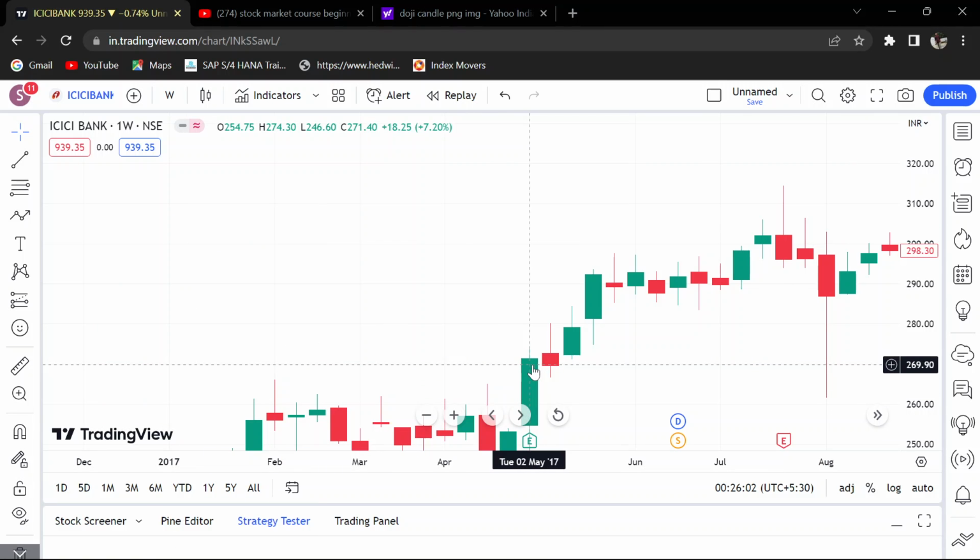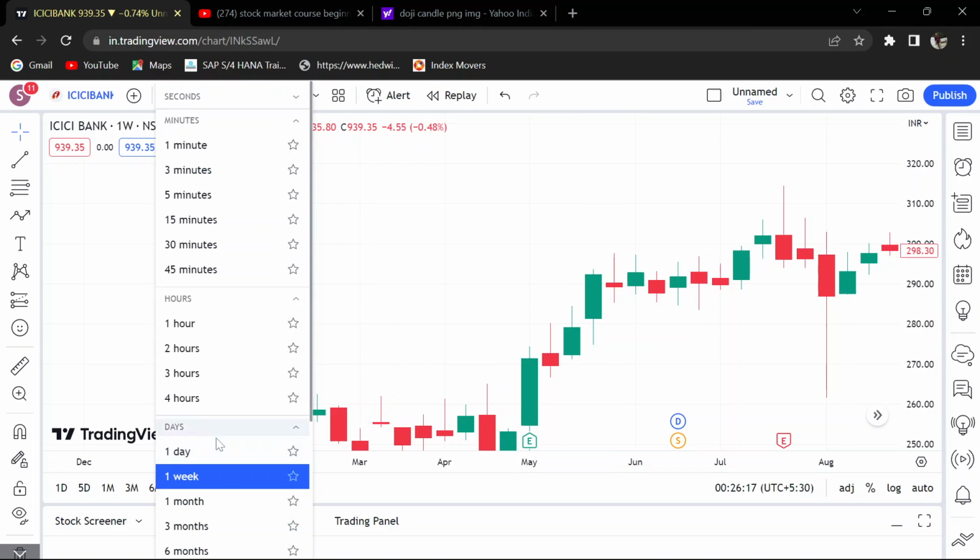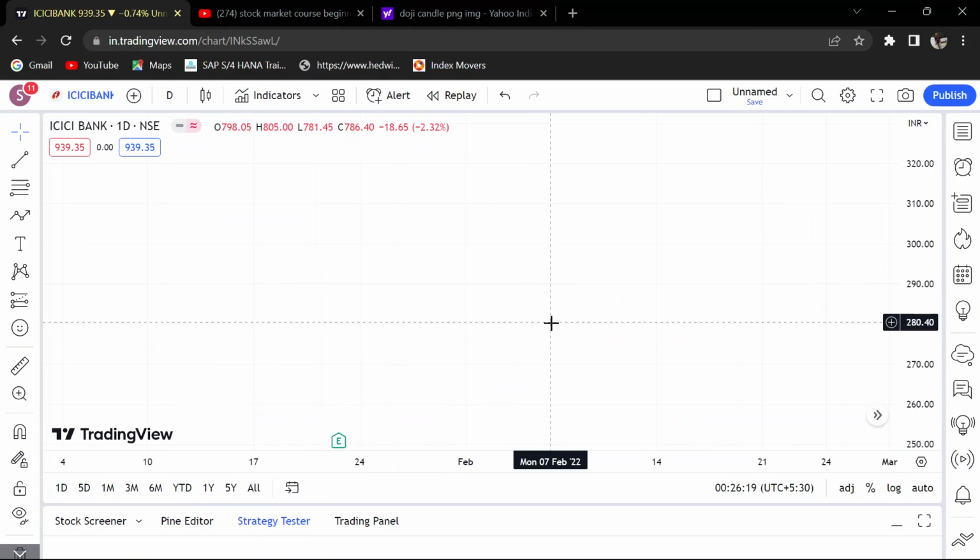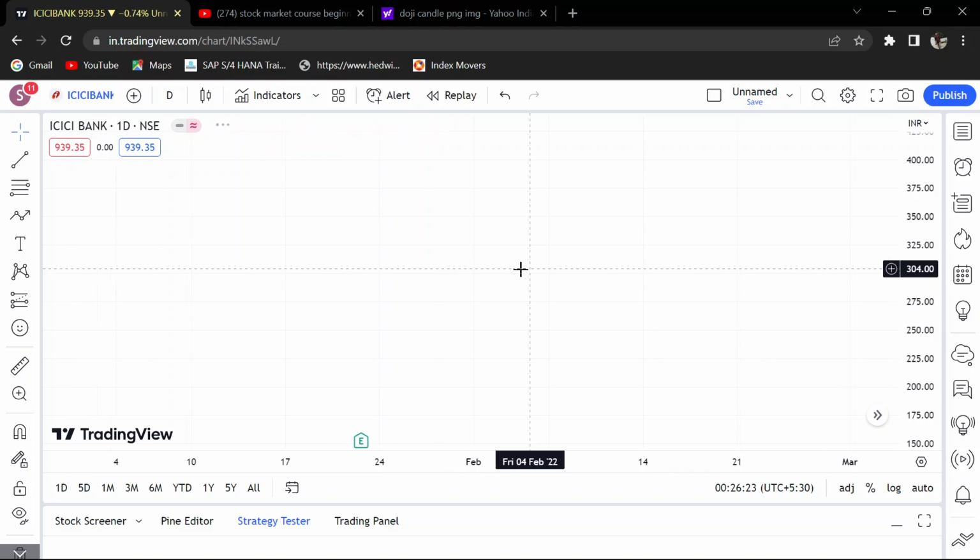See, Tuesday, 2nd May, Monday, 8th May. Every week it's forming one candle only. That is the 1 week time frame. Till now we saw the 1 day time frame. Here you see one candle per day.